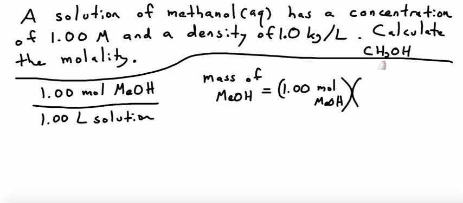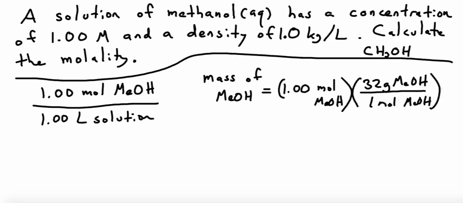And so we get a molar mass of 32. So we get 32 grams of methanol for every 1 mole. So we can cancel that and get the mass, and we can see it's just 32 grams.